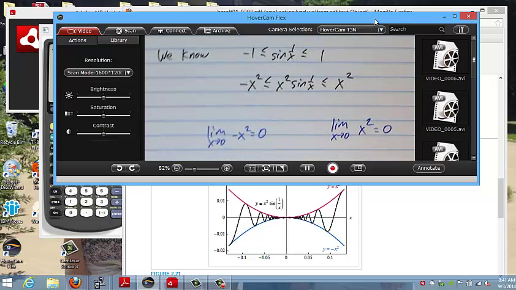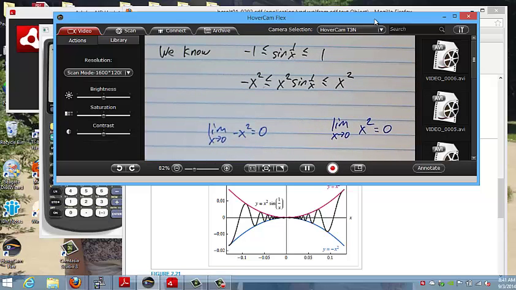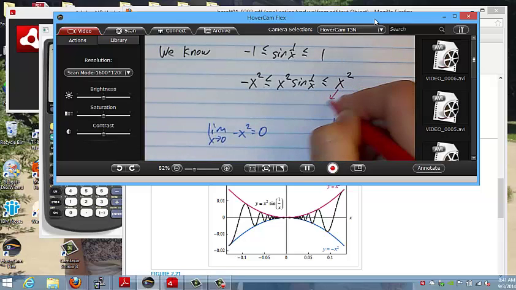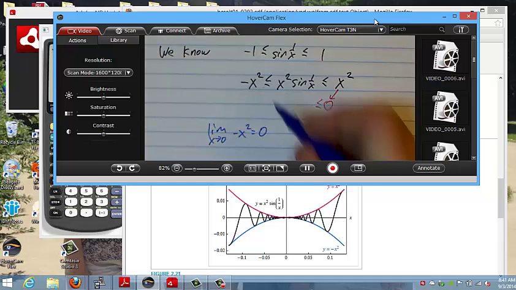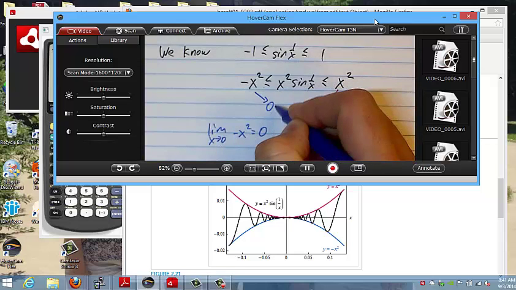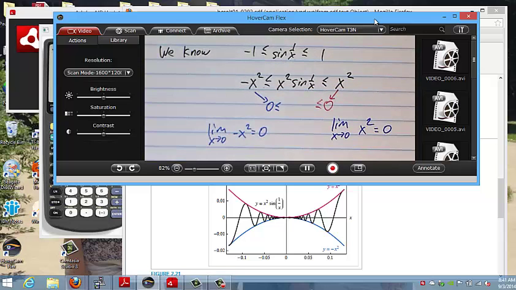Well, this is what's known as the squeeze theorem. We know that as x gets small, this is going to approach 0. That's the red parabola. And we know that as x gets small, this is going to approach 0. Right?